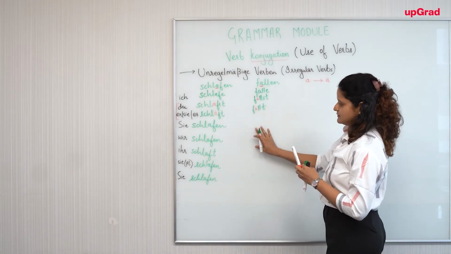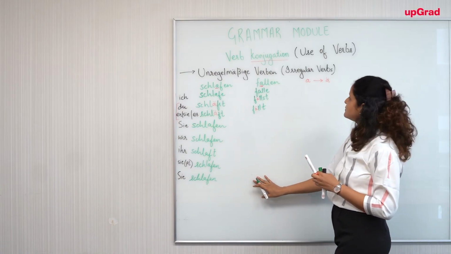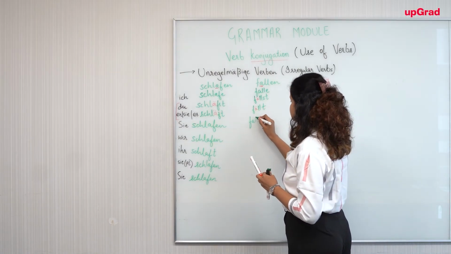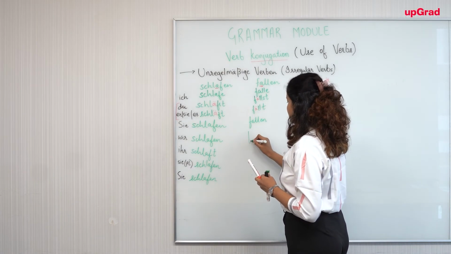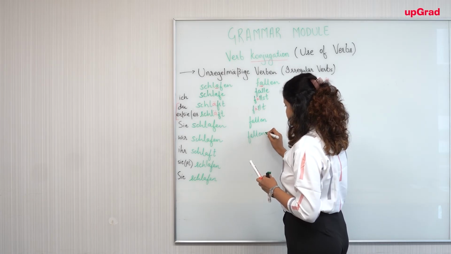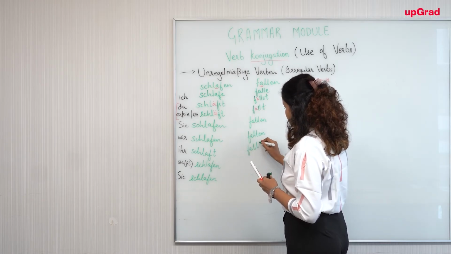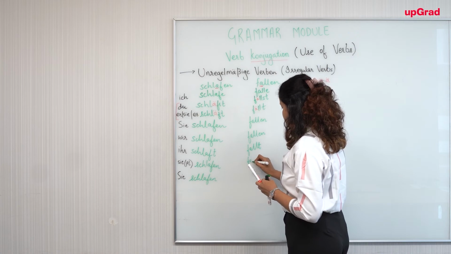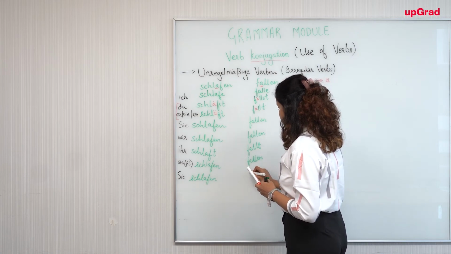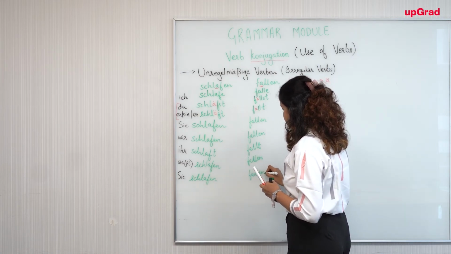Okay, and then for the remaining conjugation, there won't be any change. So this will be wir fallen, ihr fallt, sie fallen, and Sie fallen.